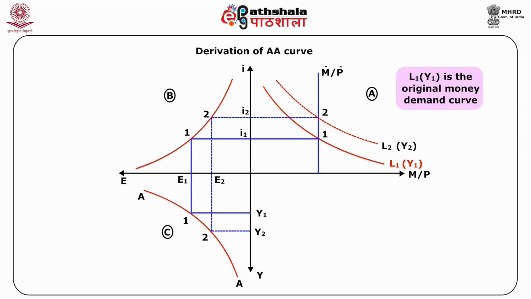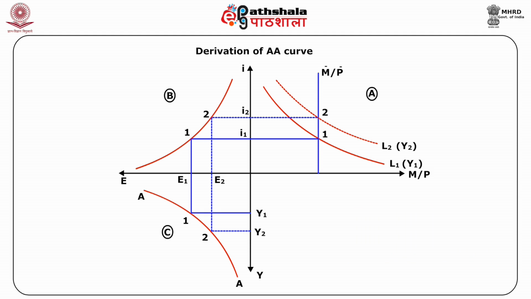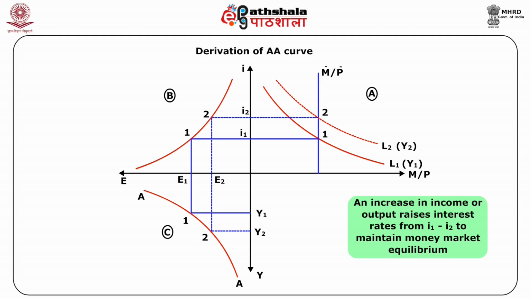L1, which is a function of Y1, is the original money demand curve. If income or output in the economy increases, money demand increases, shifting the curve to the right to L2, which is a function of Y2, where Y2 is greater than Y1. An increase in income or output raises the interest rates from I1 to I2 to maintain money market equilibrium.